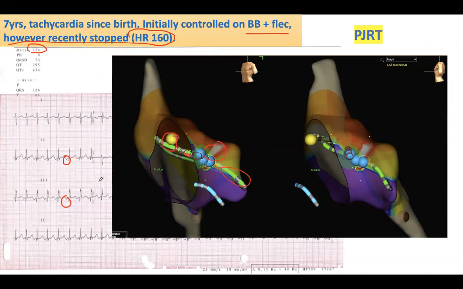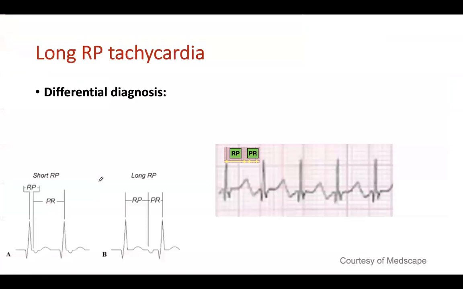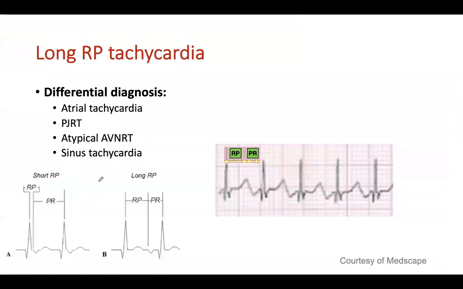Anyway, the differential diagnosis for long RP tachycardia is sinus tachycardia, atrial tachycardia, flutter. Well, flutter is ectopic. So I would say the long RP tachycardia differential, which is 1-to-1, is atrial tachycardia, PJRT, atypical AVNRT, and sinus.